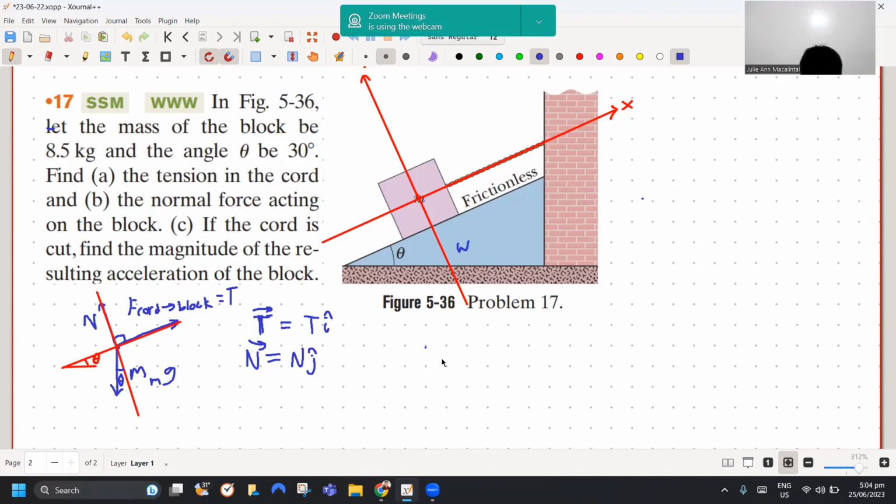Now, the gravitational force. So the F grav vector is equal to... Wouldn't it cause confusion? Why? Okay.